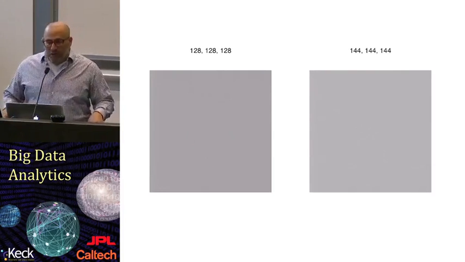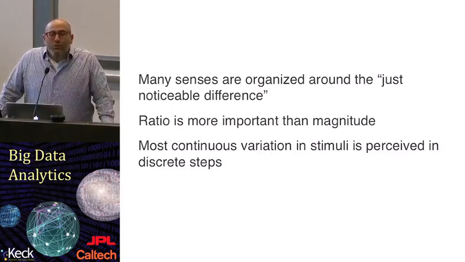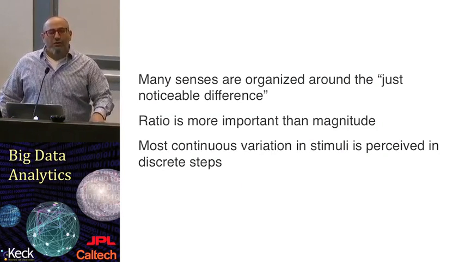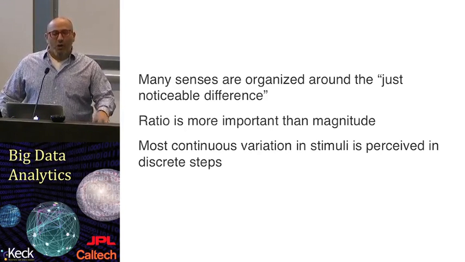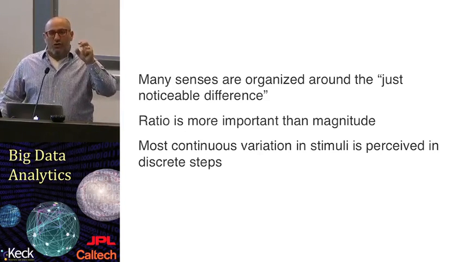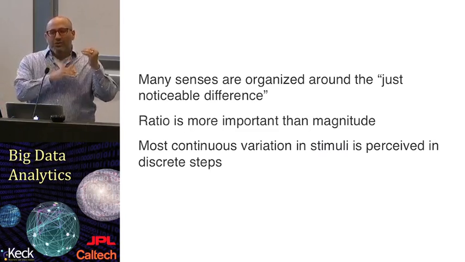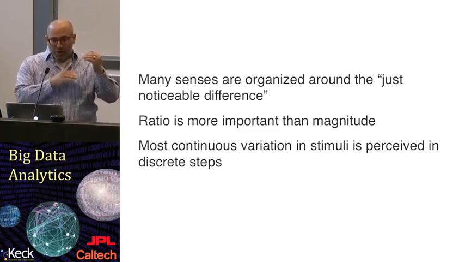So when we look at the way the human mind understands color, we have to understand that even though there are differences that we might be able to label in RGB space, the human mind is only capable of perceiving what we call the just noticeable difference. In other words, there are some steps in color space that are not perceptible to the human mind.